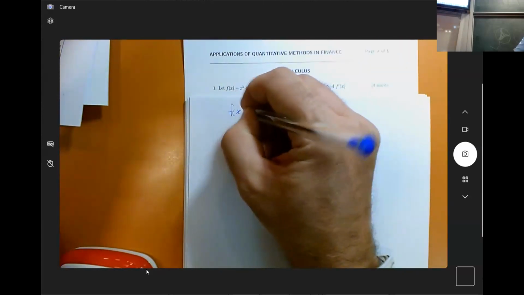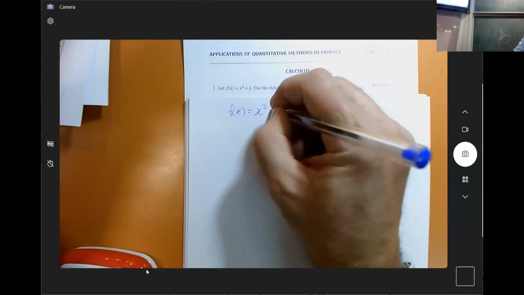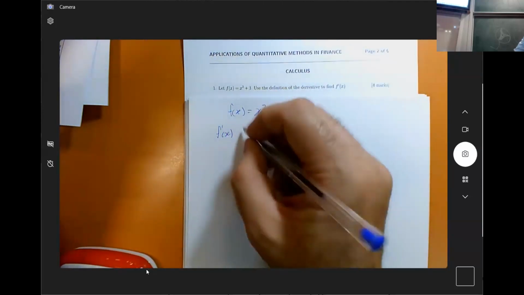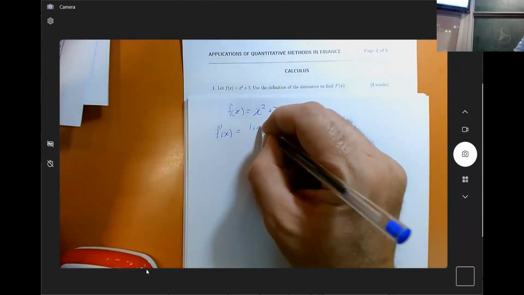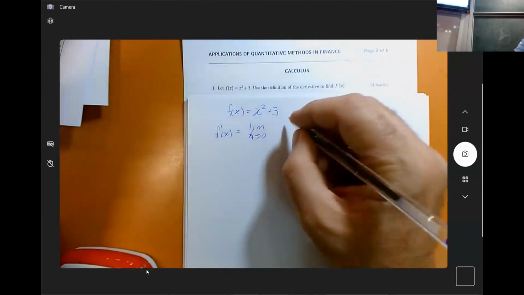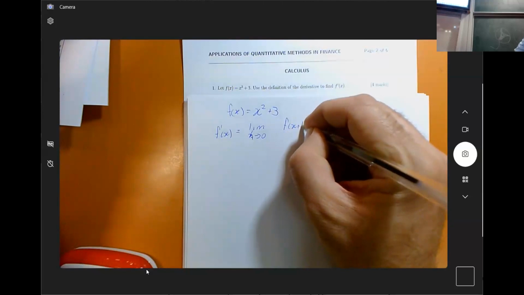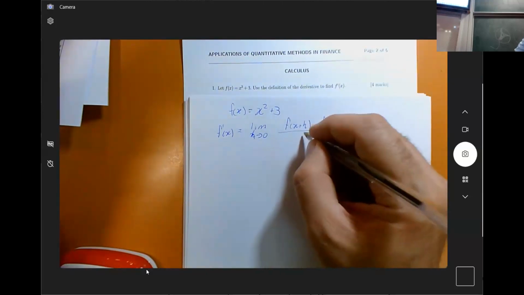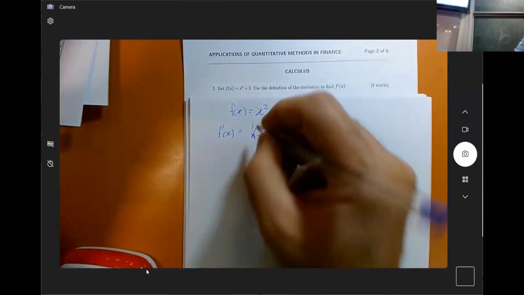So my f of x is going to be x squared plus 3. And so f dash of x, the definition says, is equal to the limit as h goes to 0 of f of x plus h minus f of x, on h.